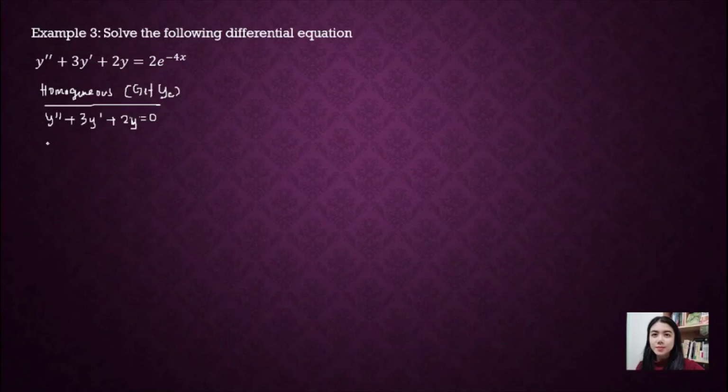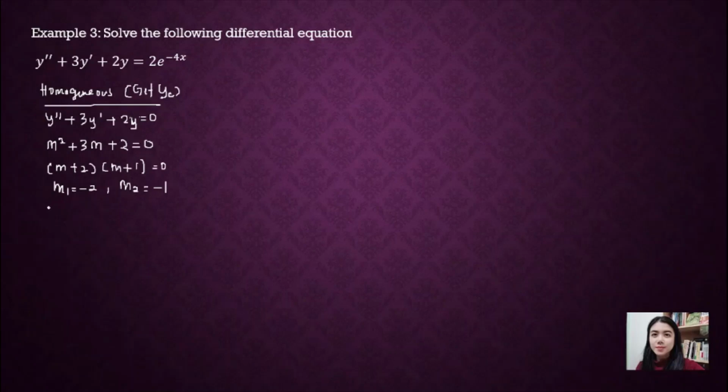So you have m squared plus 3m plus 2 equal to 0. Let's factor this one: we have (m plus 2)(m plus 1), and we have m1 as negative 2 and m2 as negative 1. These are two different m, so this means you have real and distinct roots.